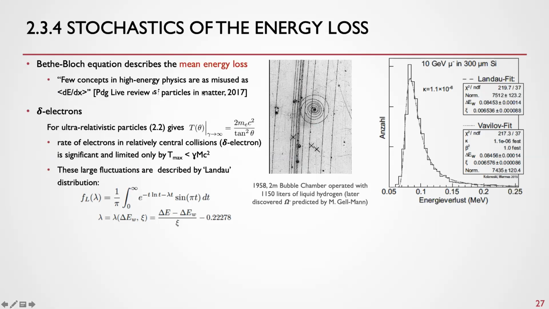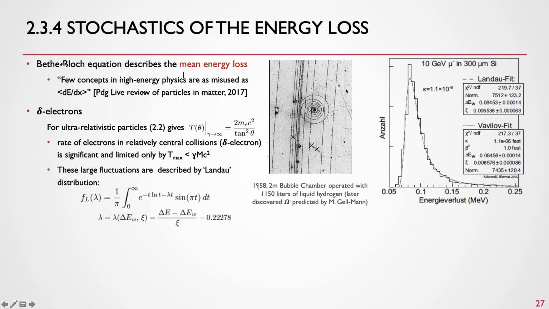If you read up the PDG Live review of particles in matter, which comprises the whole field of particle physics, one of the first lines says, few concepts in high energy physics are as misused as the dE/dx. Look at why is it so?